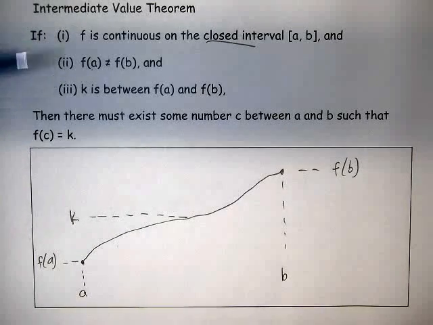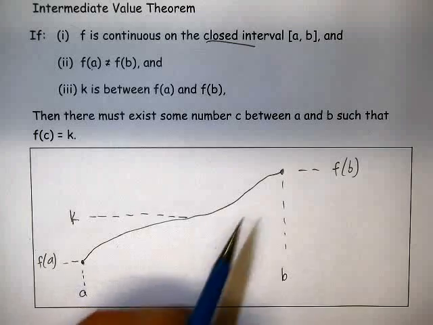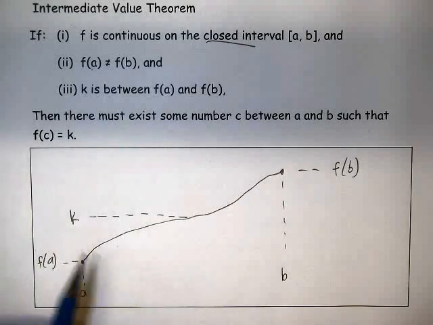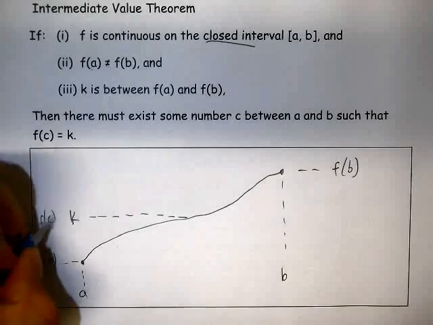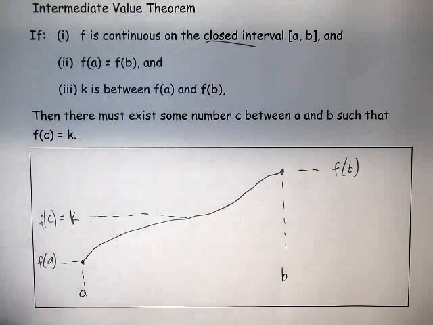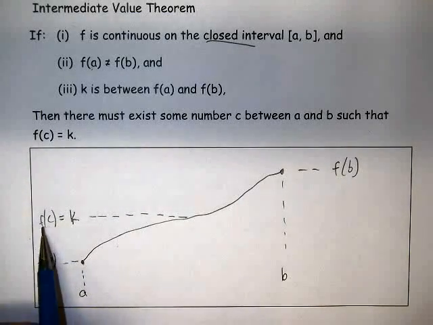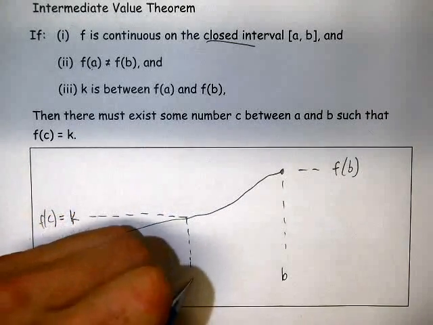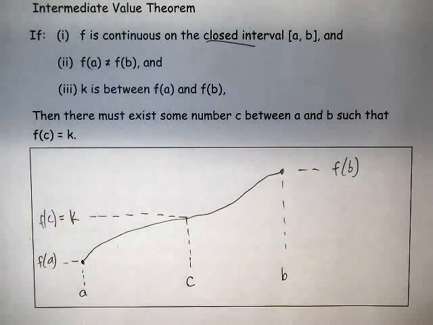If these 3 conditions are met, then there has to exist some number C such that f of C equals k. So what does that mean? If this function value is k, then this x value is C.